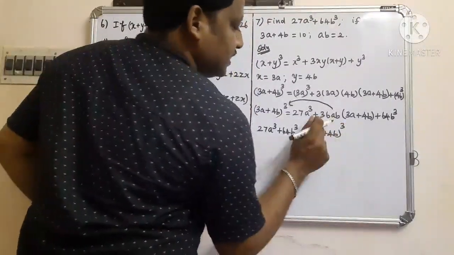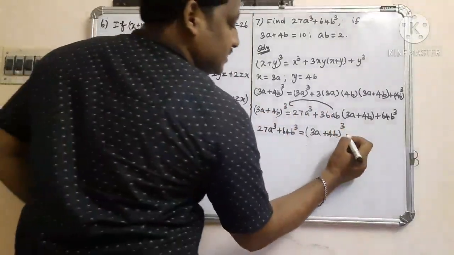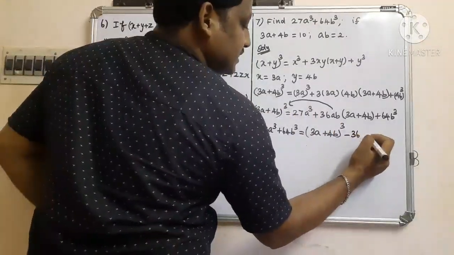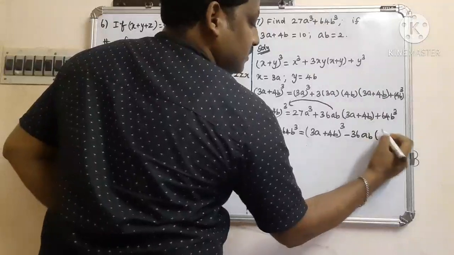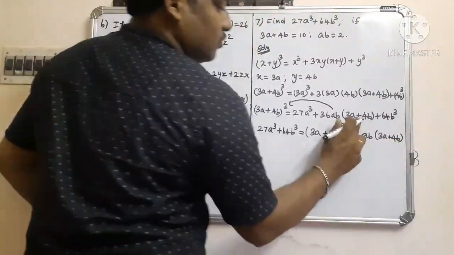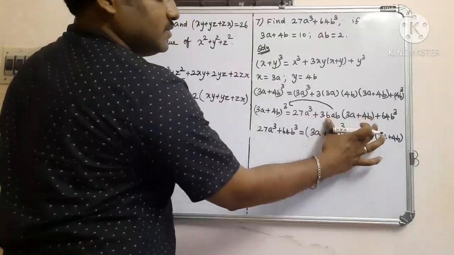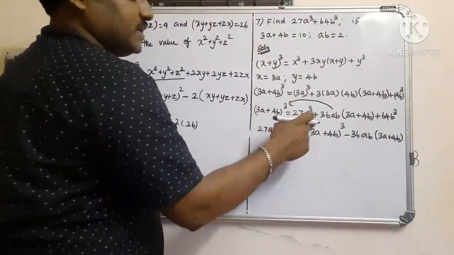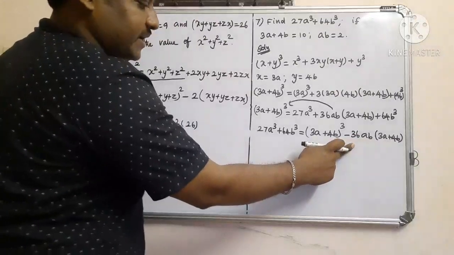Here no need to change the symbol for the bracket; the whole term is shifted over here, so plus 36 will change into minus 36.